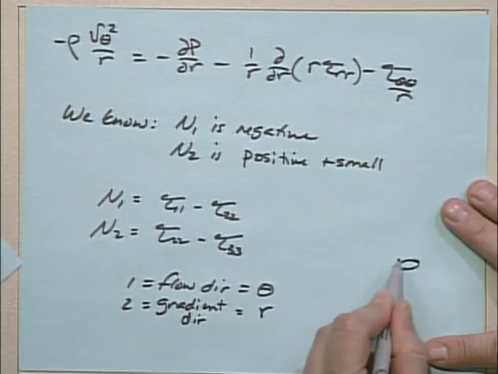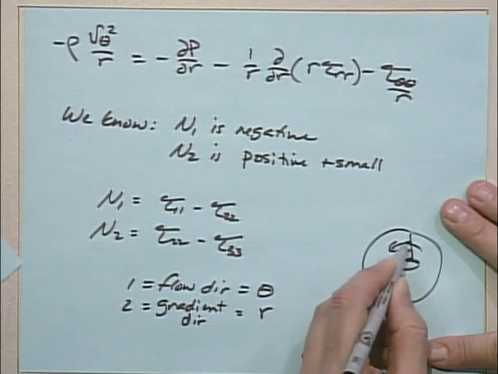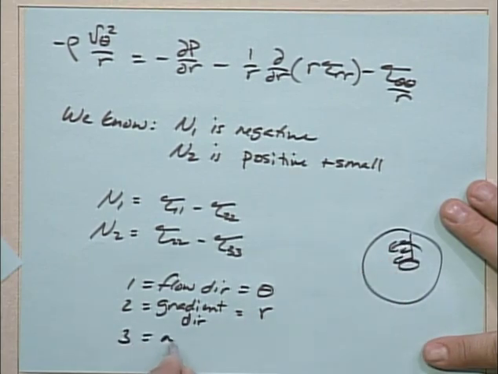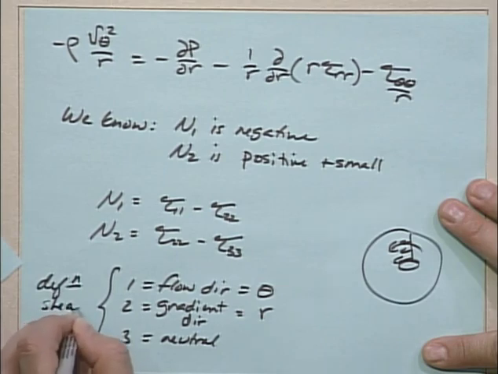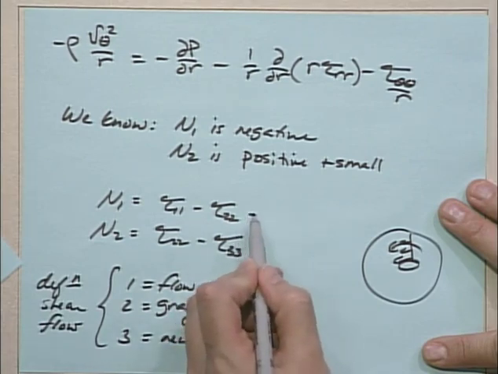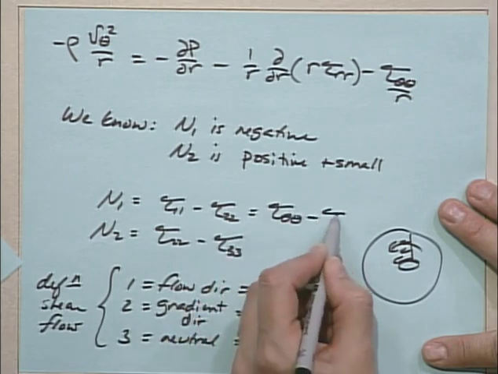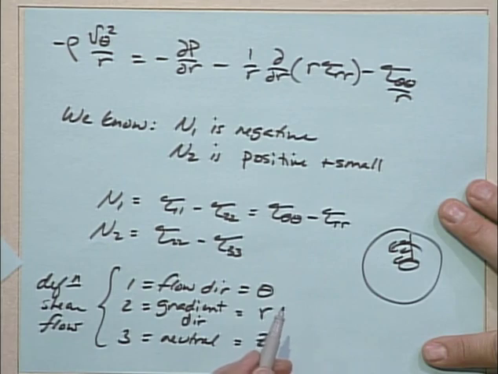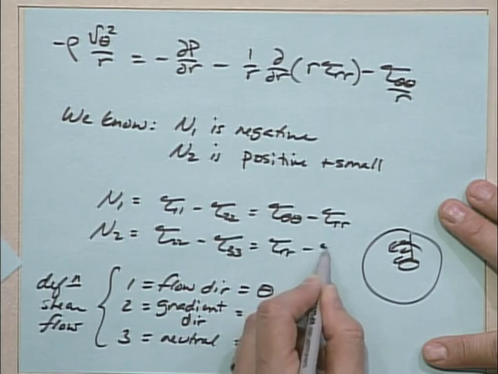R. Right? The flow's going around like this, and it varies with r. 3 is the neutral direction. These are the definitions for shear flow. And the neutral direction is z. Okay, so tau 11 is tau theta theta. Tau 22 is tau rr. Tau 33 is tau zz.